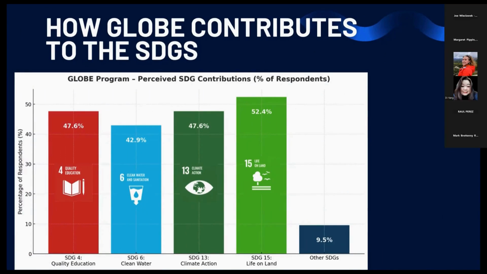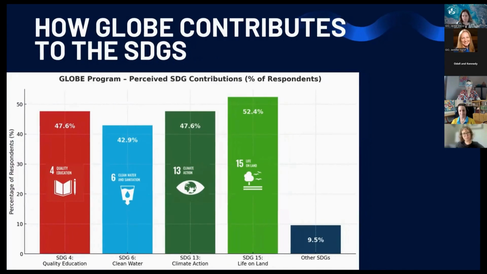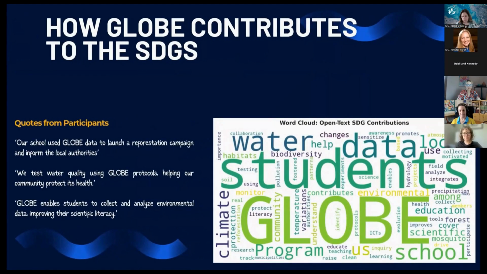A powerful statement on how GLOBE promotes climate literacy and hands-on environmental science education. SDG 6, Clean Water and Sanitation, also emerged strongly, with nearly 43% of respondents linking GLOBE to freshwater and water quality initiatives.